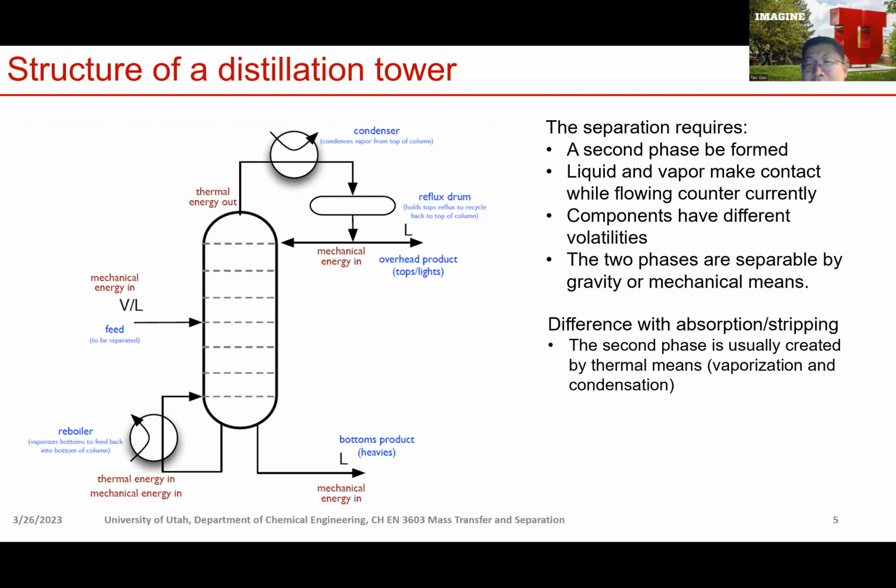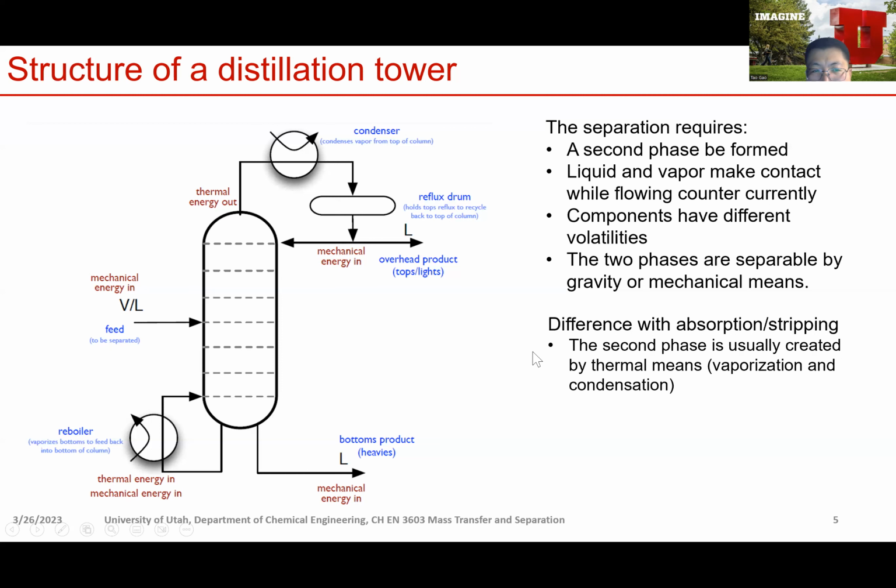That's the second phase, from the top of the tower, right? So when the liquid absorbent comes down, it makes contact with the upcoming gas phase, okay, at every stage in the tower, and the solute is transferred from the gas phase into the liquid phase, right?